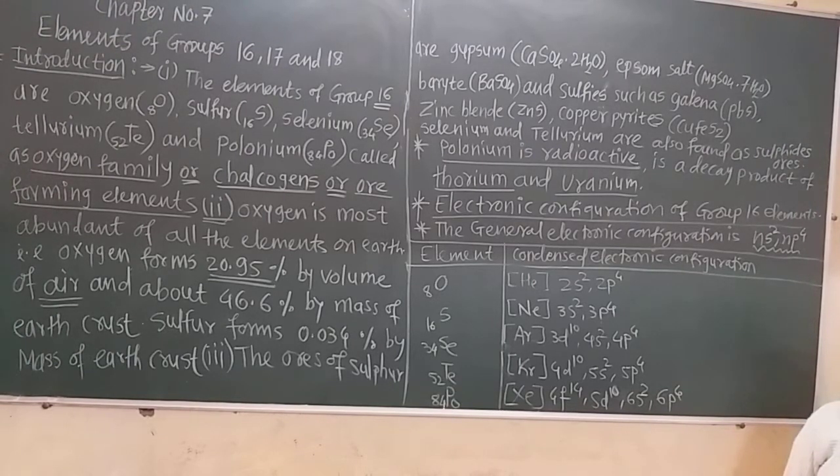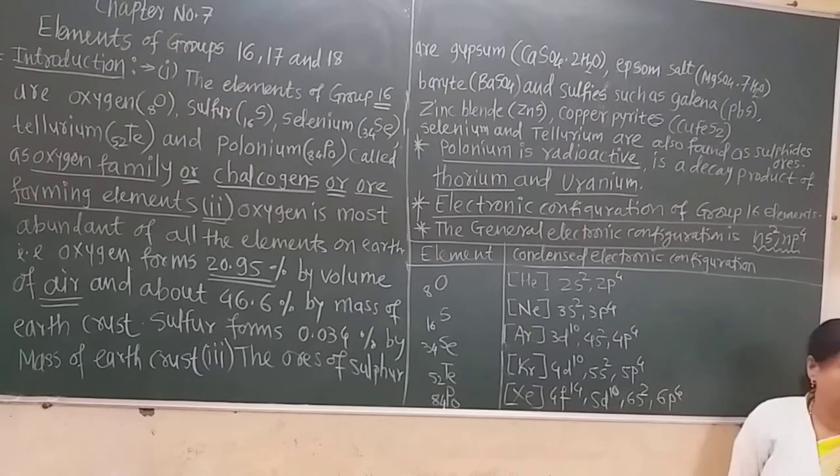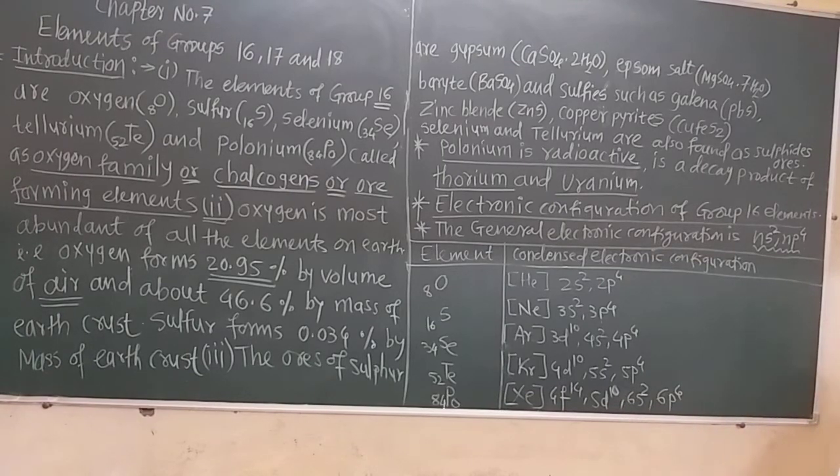The atomic number of xenon is 54, and this 14 is there, that is 68, and again this 10, that is 78, this 2 is 80, and this 4 makes 84.